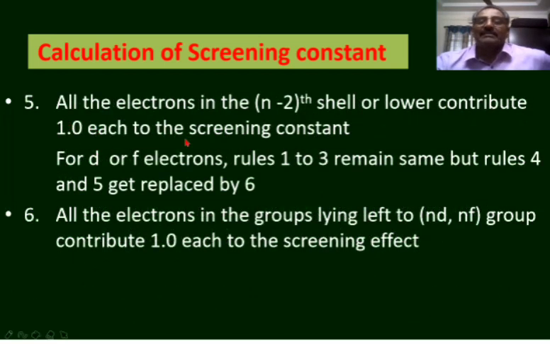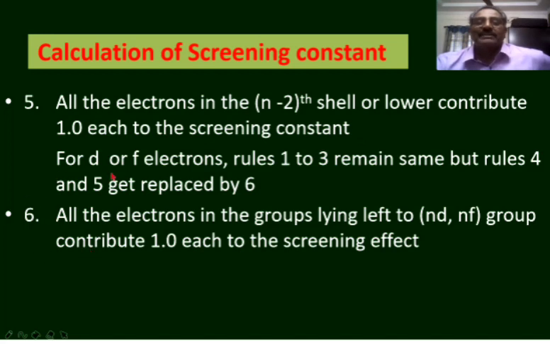And all the electrons in the n-2th shell, that is the antepenultimate shell or the shells below it, contribute a value of 1.0 each to the screening constant.